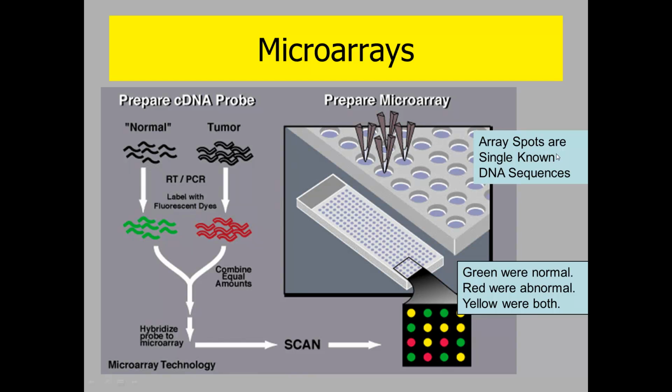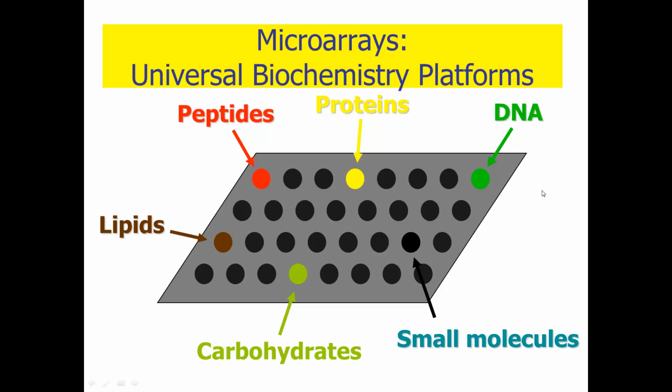And so it's important then to go back and identify what are the known DNA sequences. So scientists have looked at this process of the DNA microarray, and they've decided, well, this process of spotting things could be used as a universal biochemistry platform.